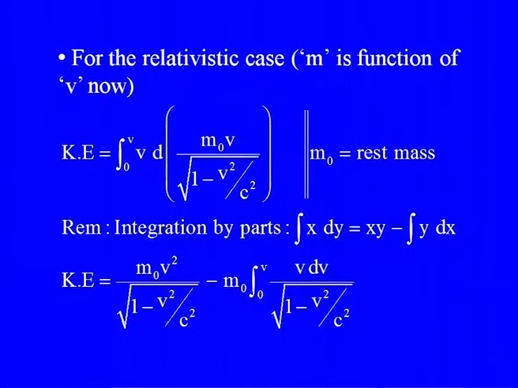That is the expression for the relativistic case when mass is a function of velocity. So, the kinetic energy happens to be m0 v square divided by square root of 1 minus v square by c square, minus the integral of m0 v dv divided by root over of 1 minus v square by c square.